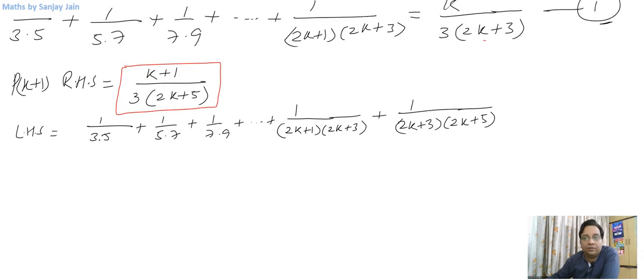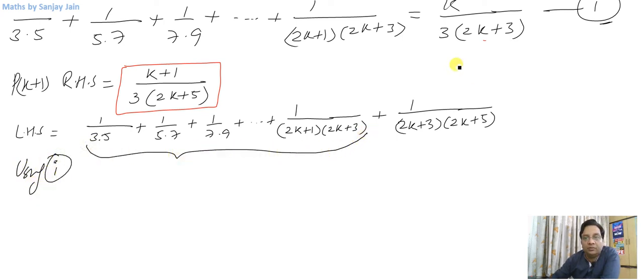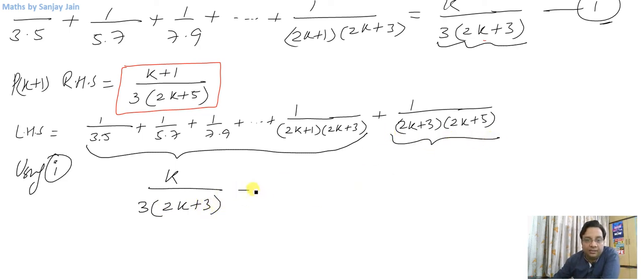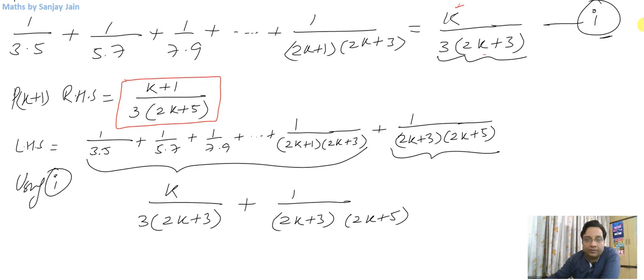Now I'll use P(k) and replace this portion with this, that is k upon 3(2k plus 3), and then I'll add this, 1 upon (2k plus 3)(2k plus 5). Okay, and after solving this I should be able to get this. So let us see if we can do that.